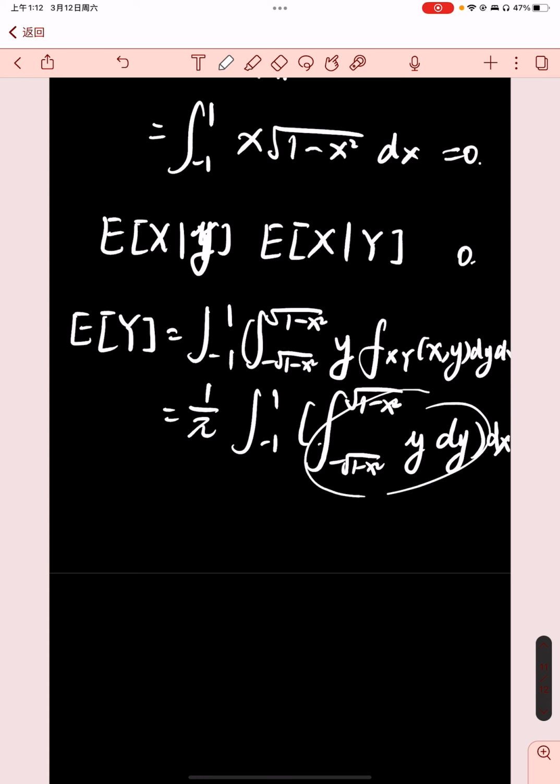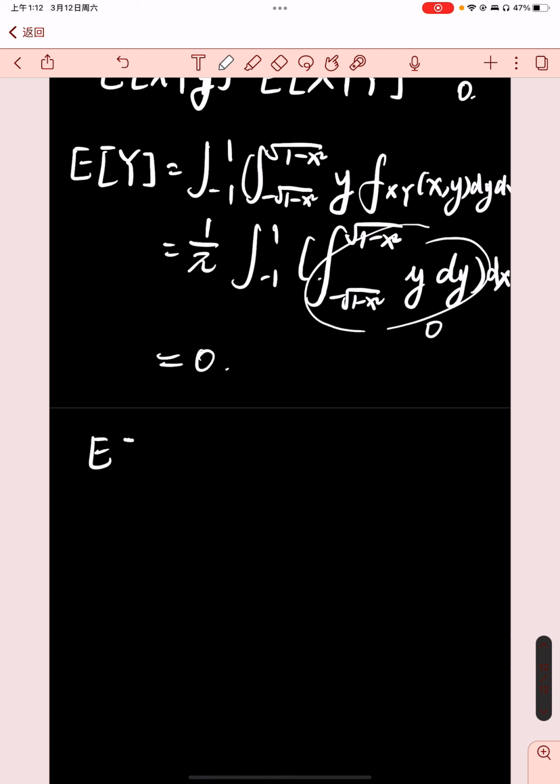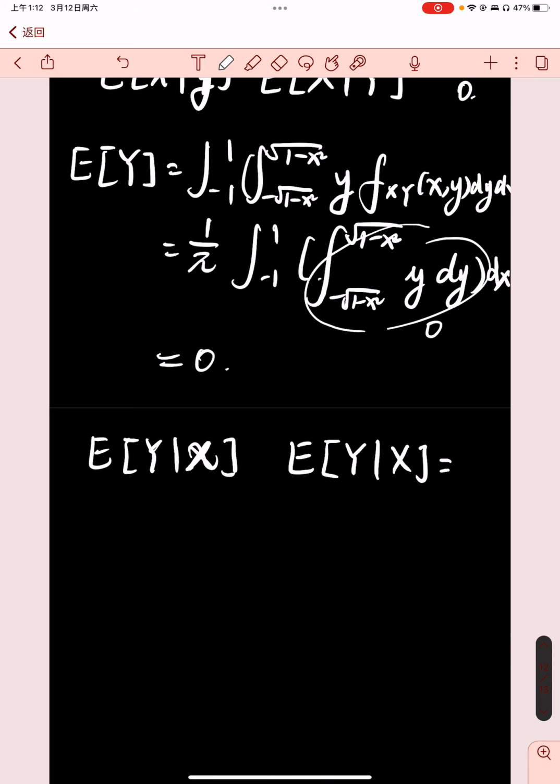Since this part is 0, finally this one is 0. So the expected value of y given x and the expected value of y given the total random sample of x are both 0.